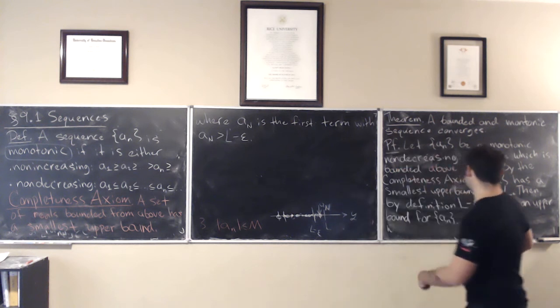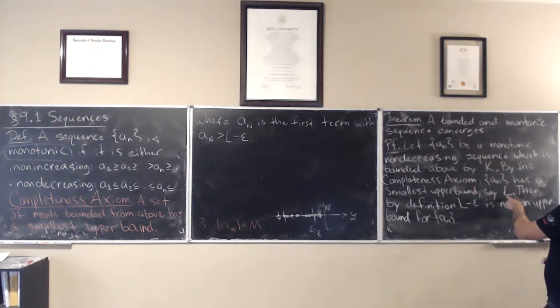That's just because this is the smallest one, so if I subtract anything off of it, it can no longer be an upper bound.